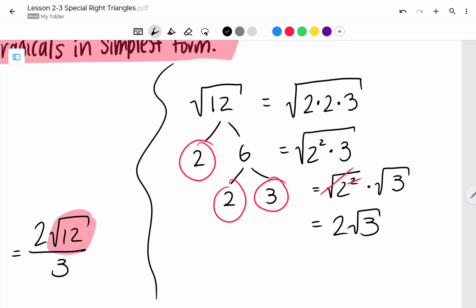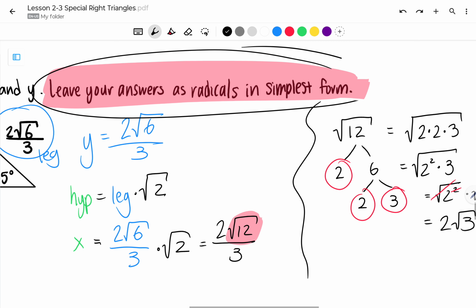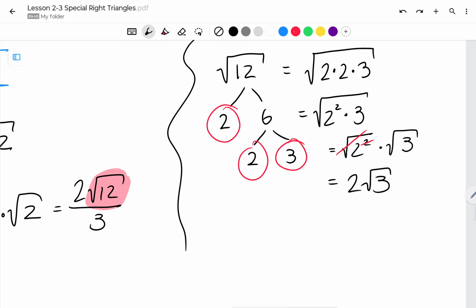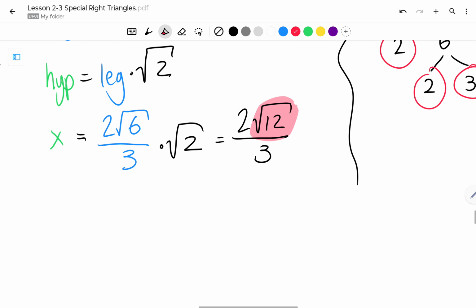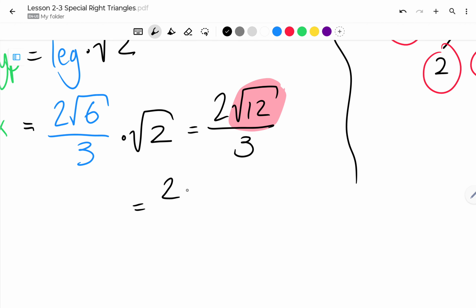Okay? So this is how it works out. This is what I mean by leave your answers as radicals in the simplest form. So that square root of 12 is going to be 2 square root 3. So let me go ahead and plug that in. Square root of 12 is 2 square root 3.